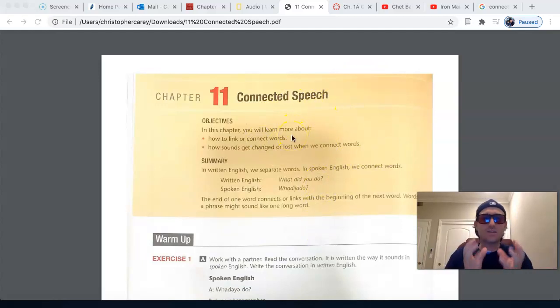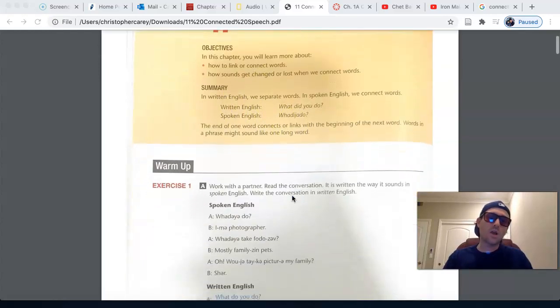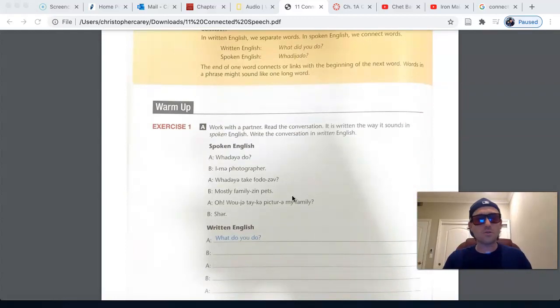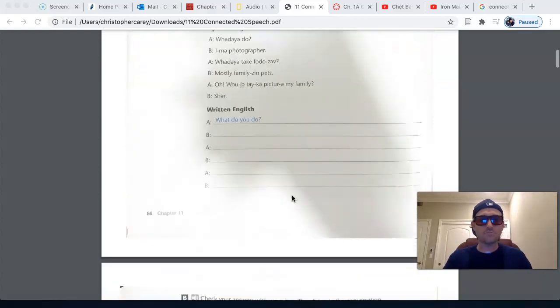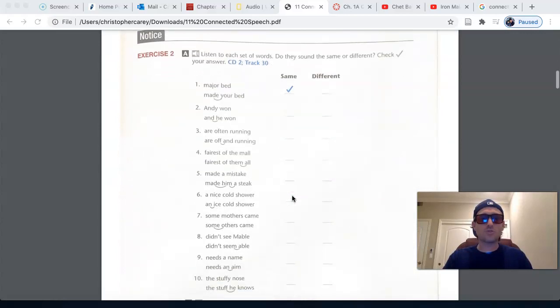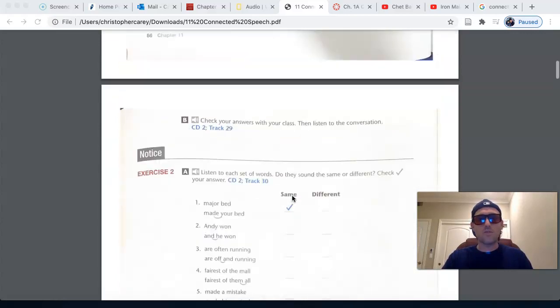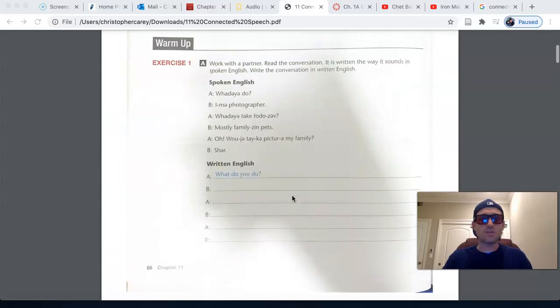How words connect together, and then how sounds, vowel or consonant sounds, change, or maybe even get lost altogether when we do connect. So our warm-up, we have two exercises we're going to do. We're going to do exercise 1, and we're going to do exercise 2. For exercise 1, on page 86, read the conversation and then write what you think you hear spoken.